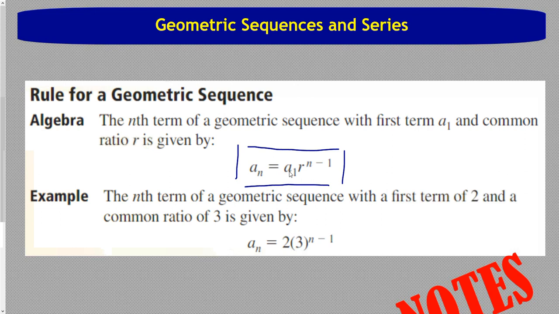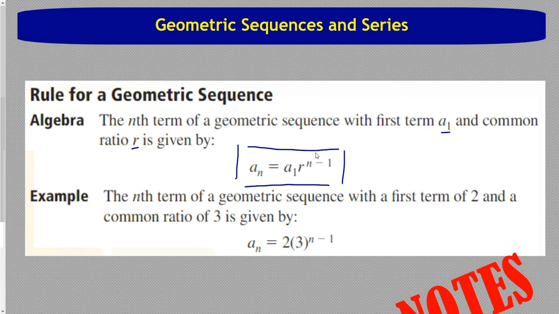A sub 1, as you might imagine, is the first term. R is the ratio, meaning what are you multiplying by every time? And then n is whatever number of terms down the line we're looking. So if I'm trying to find a sub 9, that's the 9th term of the sequence. So I would find the first term, multiply by the ratio, raised to 9 minus 1.